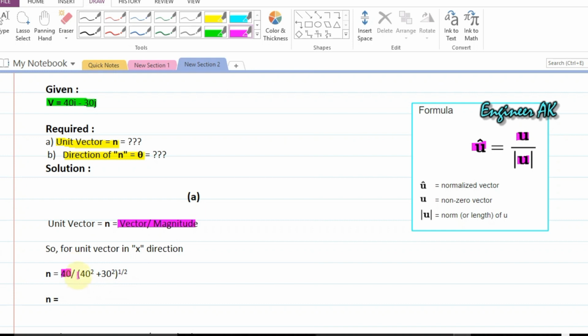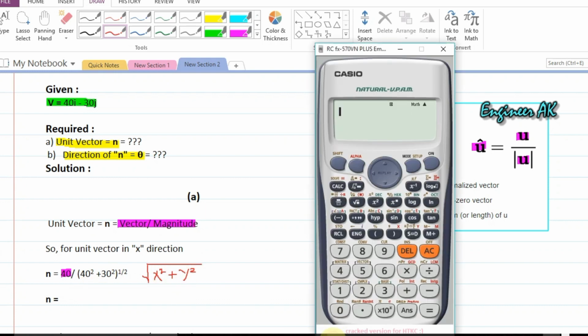We take the root of the square of the x component plus the square of the y component. So let's put the values in the calculator.